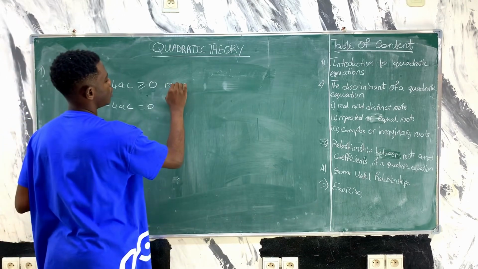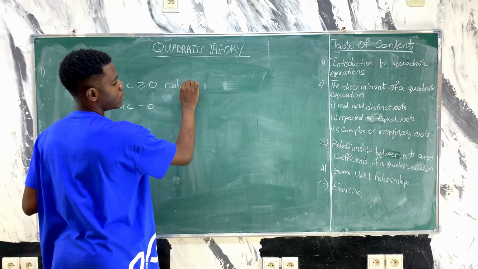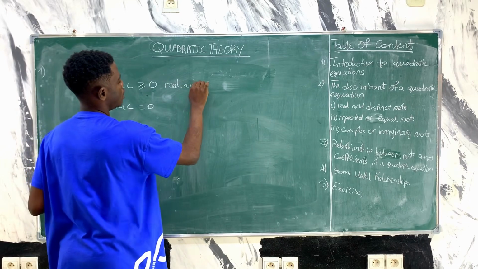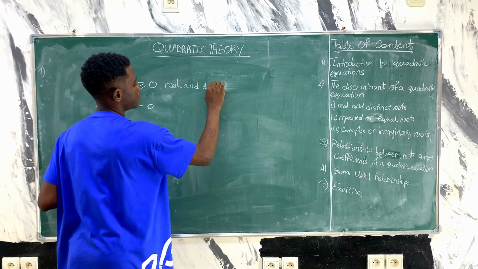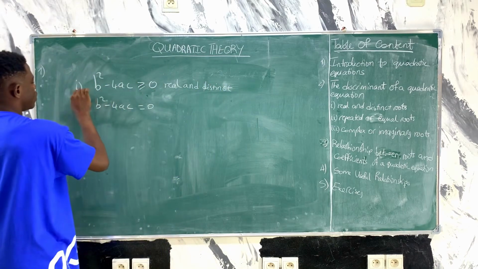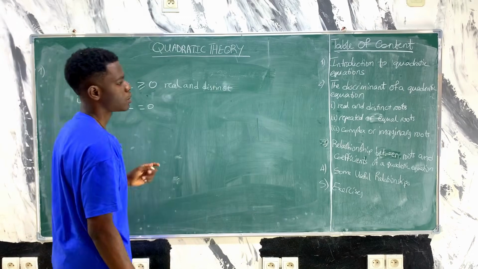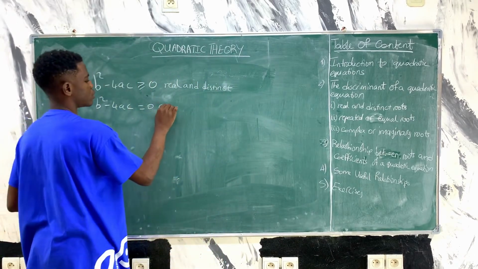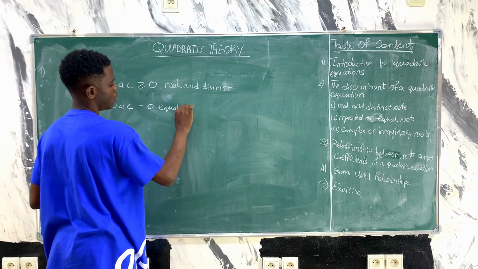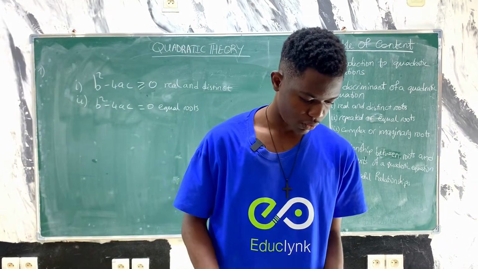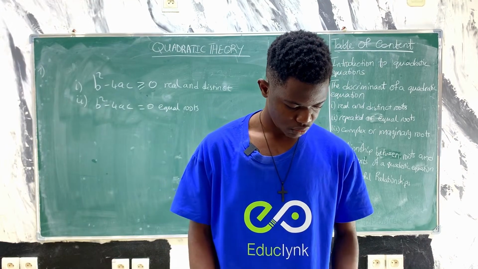So this is for real and distinct roots, and this is for equal roots. We're going to take some examples where we solve equations that have those properties.